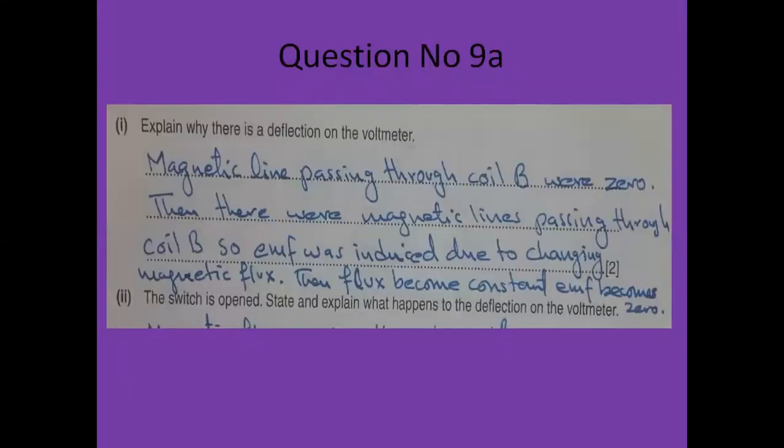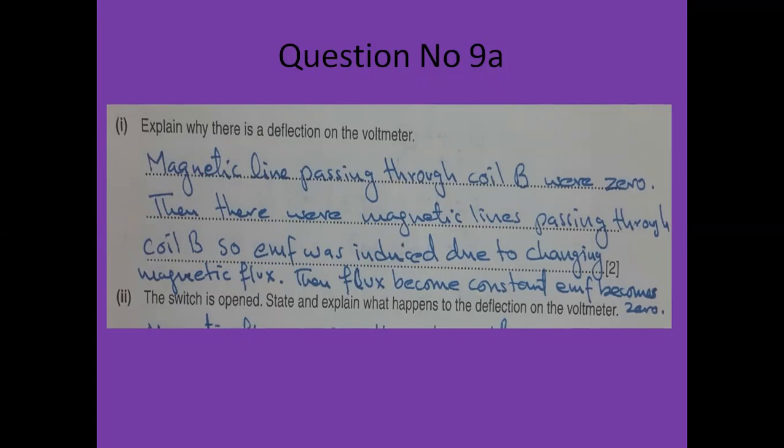So magnetic lines passing through coil B were zero. Then there were magnetic lines passing through coil B. So EMF, it means that the magnetic flux passing through coil B has changed. Before, when the switch was open, there were no magnetic lines passing through coil B, and now they are passing through coil B. So EMF was induced due to changing magnetic flux.